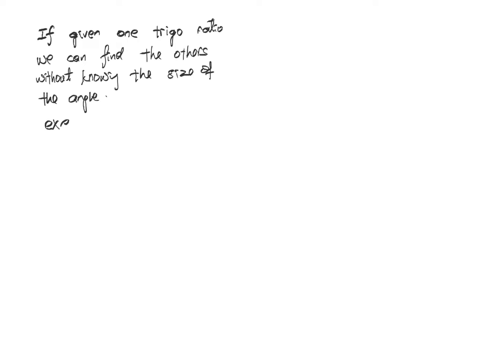Example. Given cos theta is equal to 1 over root 3. So I write down 1 over root 3.